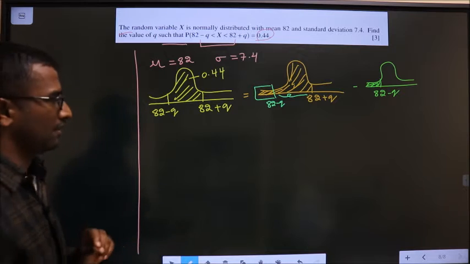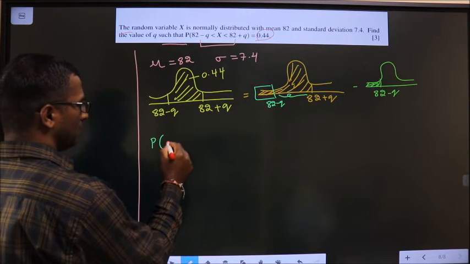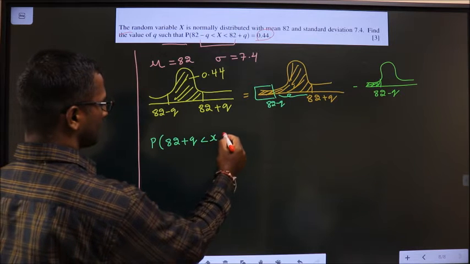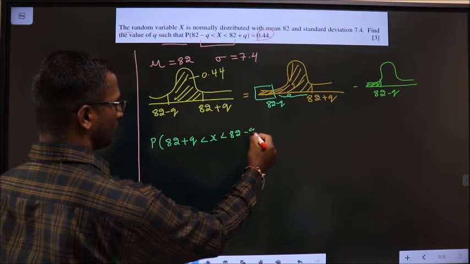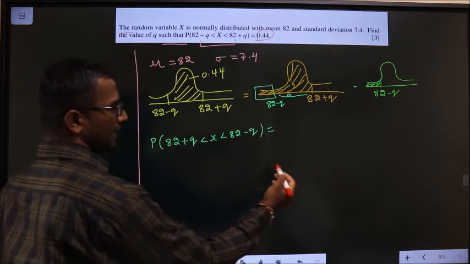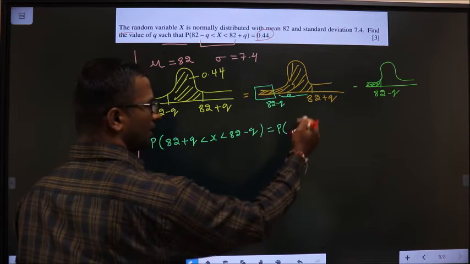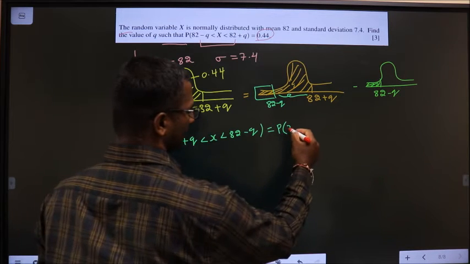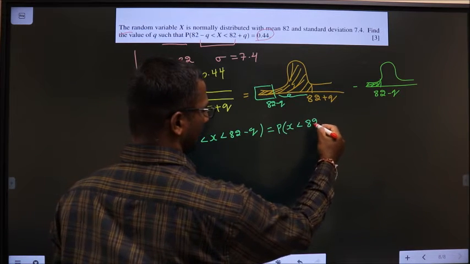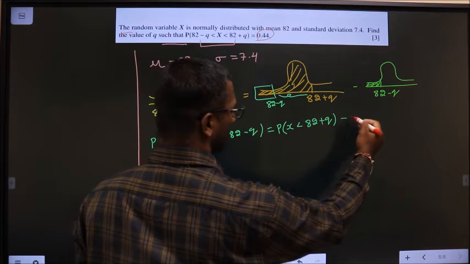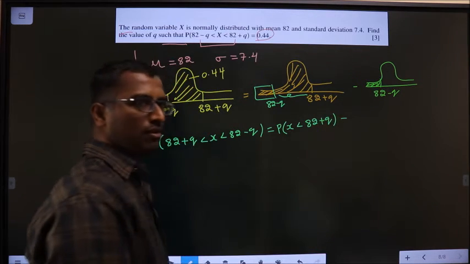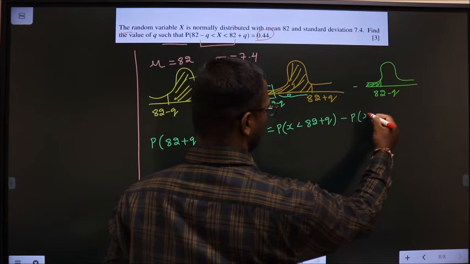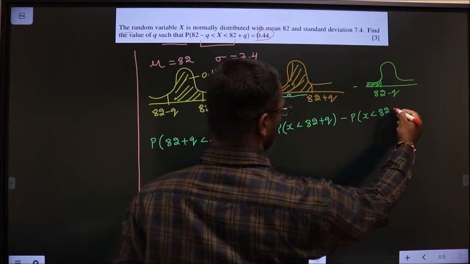Now how do I represent it? This is P of 82 minus q less than x less than 82 plus q, which is equal to the entire left side of 82 plus q, so P of x less than 82 plus q, minus the entire left side of 82 minus q, so P of x less than 82 minus q.